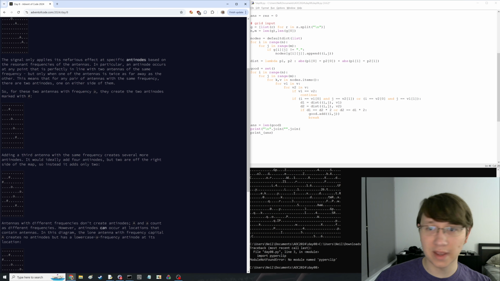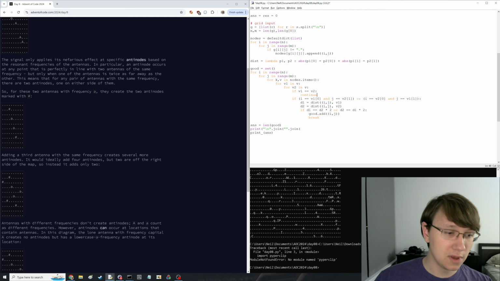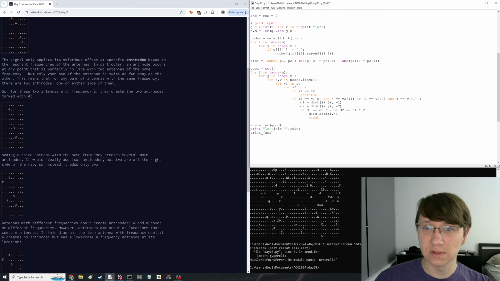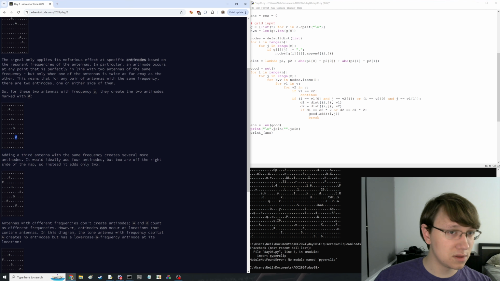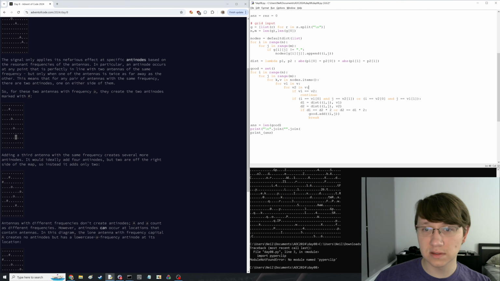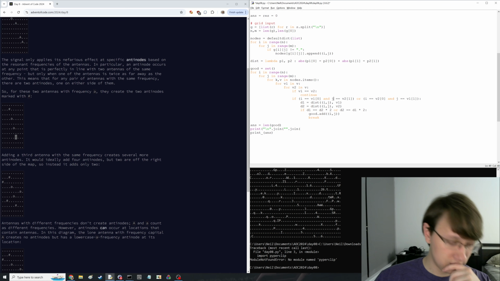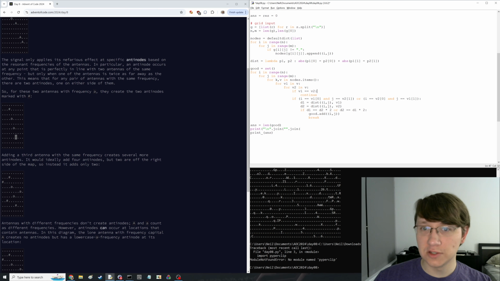Oh, that's so annoying. Okay, so to check if these are collinear, what do I want to do? I guess I can check the slope. That's not quite going to work.